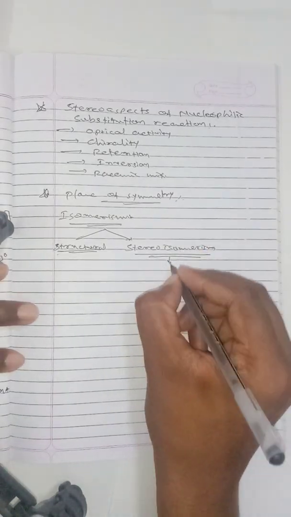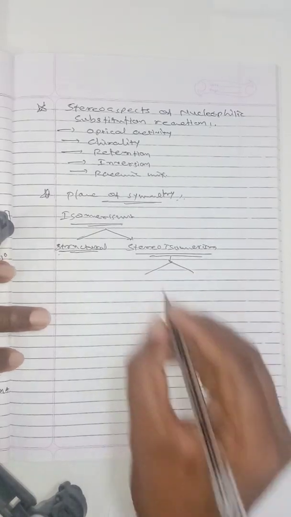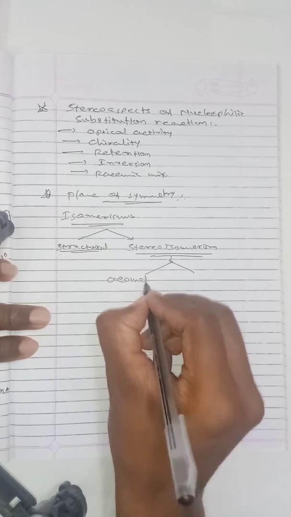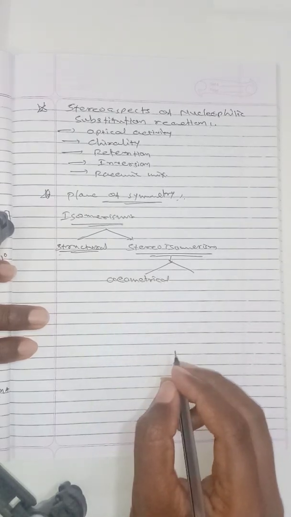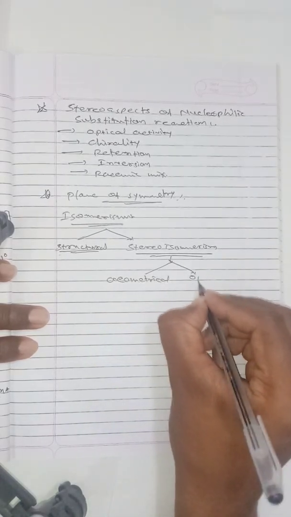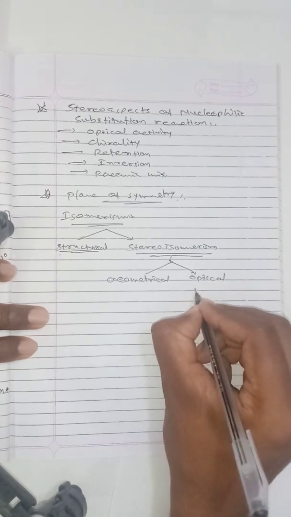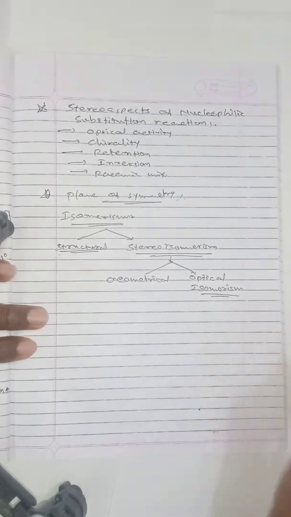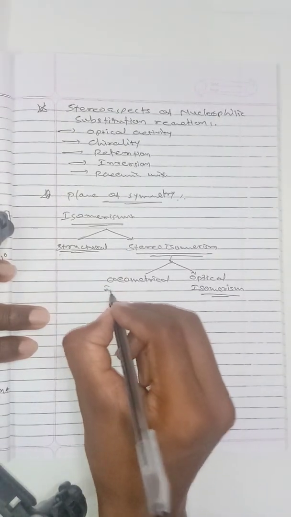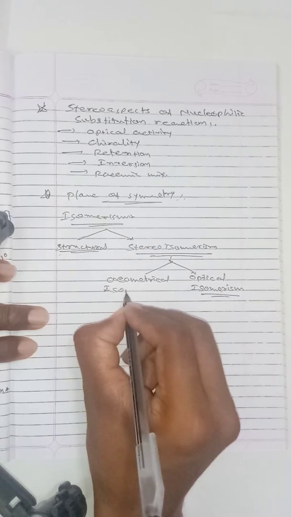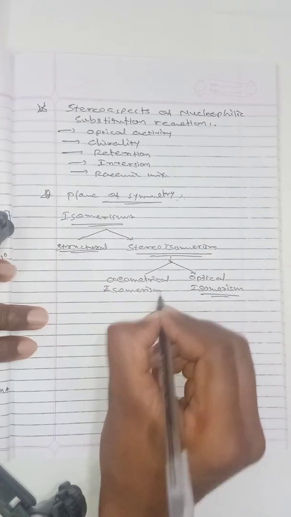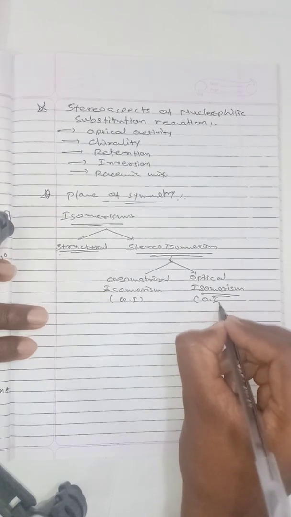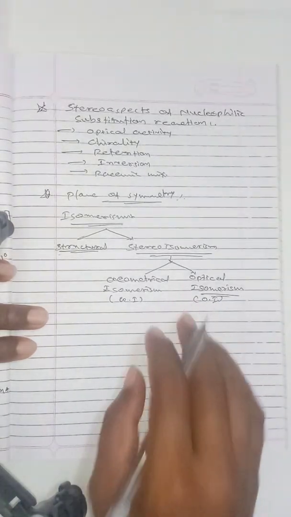In stereoisomerism, number one, geometrical isomerism, GI, and number two, optical isomerism, OI.